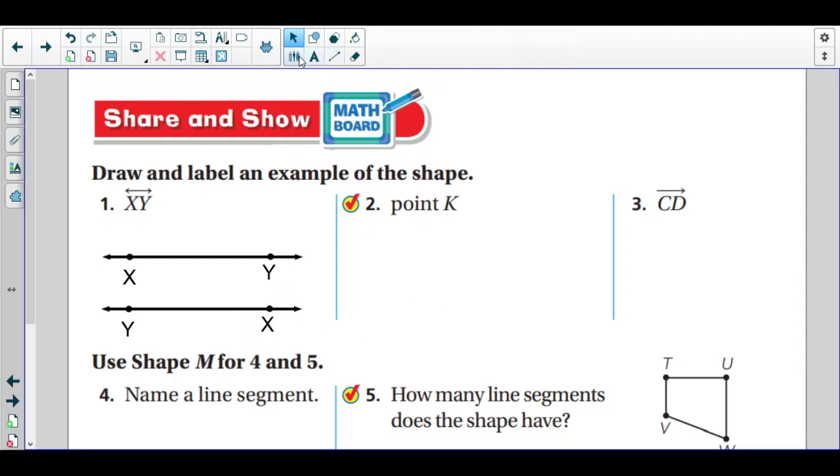Point K. Point K is just simply a dot labeled K. Really no other way to write that. Then we've got ray CD.